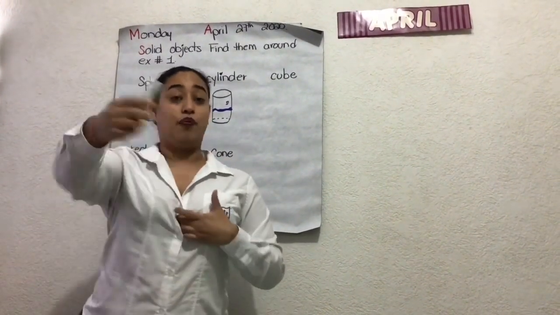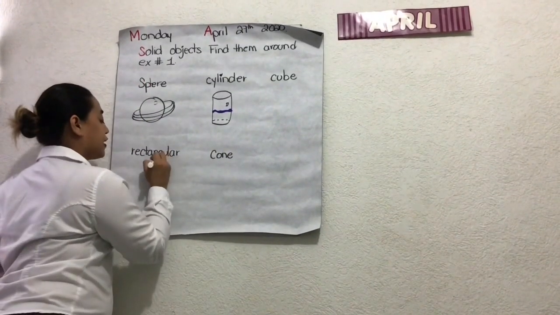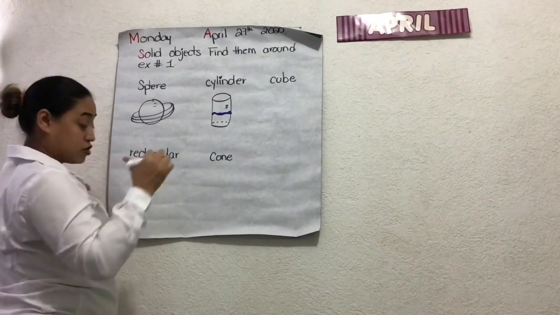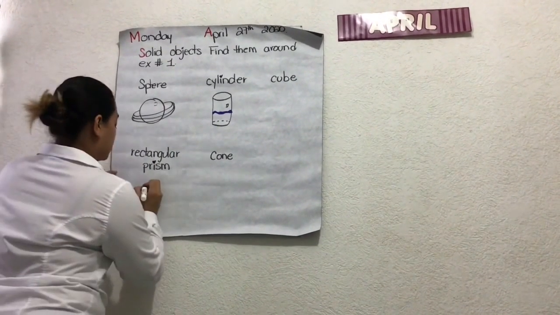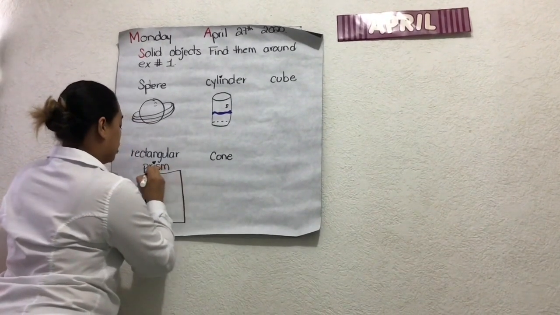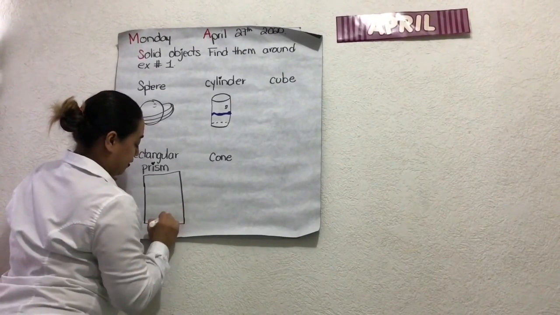So it's okay. And then the rectangular prism. I gave you one, buildings. Some buildings are rectangular. So for example, I'm going to do this one right here. You're going to do one. So I'll do mine and you do yours. Okay, so for me, my rectangular prism is, for example, where I live.